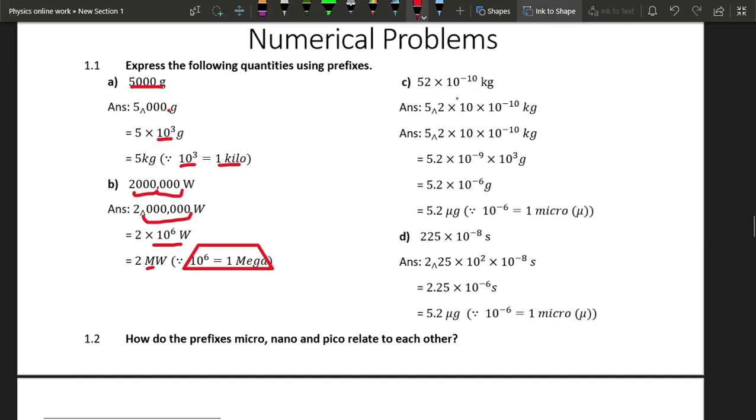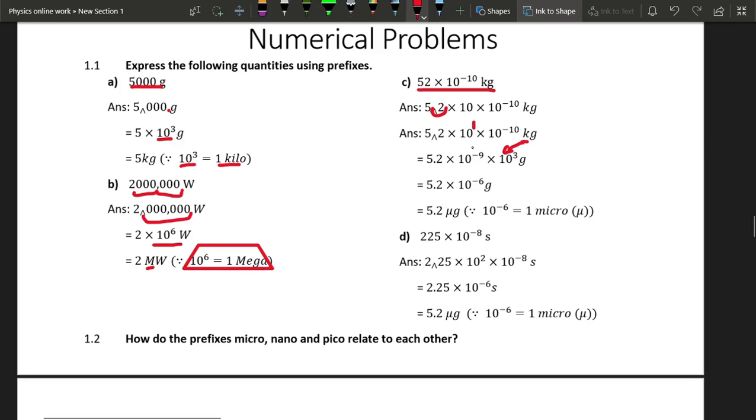You can see 5.2 into 10 raised to power minus 10 kg. First of all, you move the point before 2, so it will be 5.2 into 10 raised to power 1 or 10 into 10 raised to power minus 10, and this kg, kilo, is 10 raised to power 3.